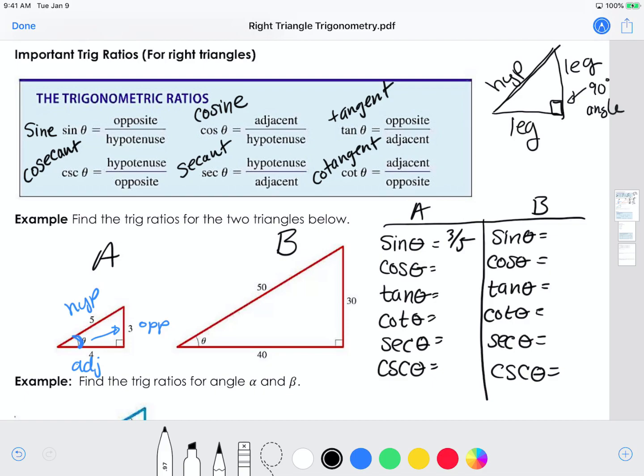The cosine is the adjacent over the hypotenuse, so that would be 4/5. The tangent is defined as the opposite over the adjacent, so that is going to be 3/4. The cotangent is defined as the adjacent over the opposite, so that will be 4/3.